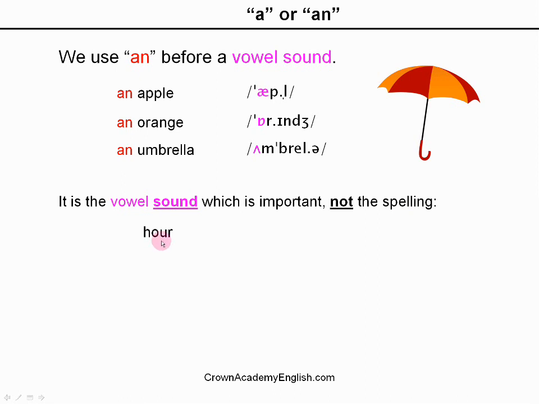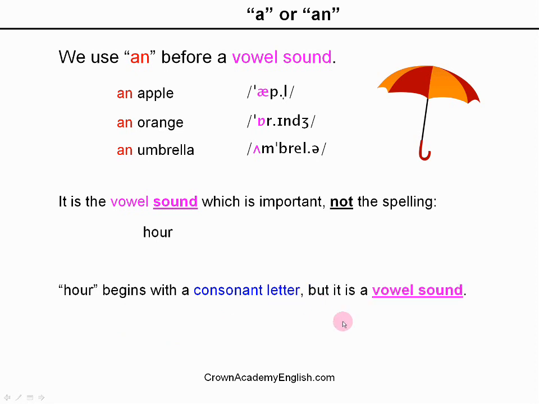For example, this word, it begins with a consonant letter, but in fact, it is a vowel sound. So the consonant letter is the letter H, but the pronunciation is our. The H is silent.